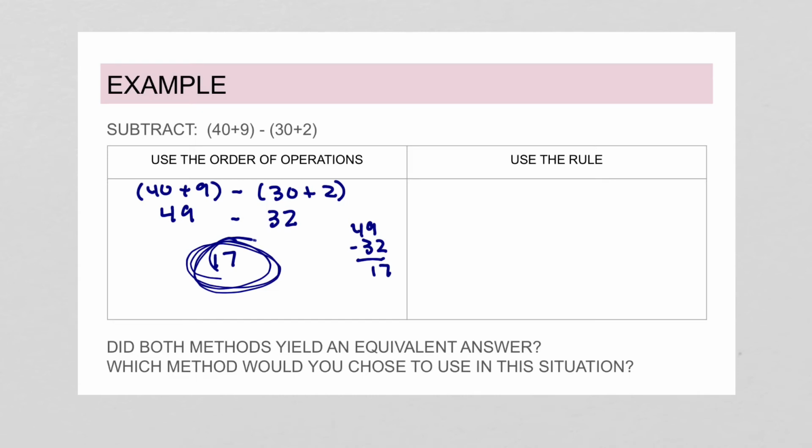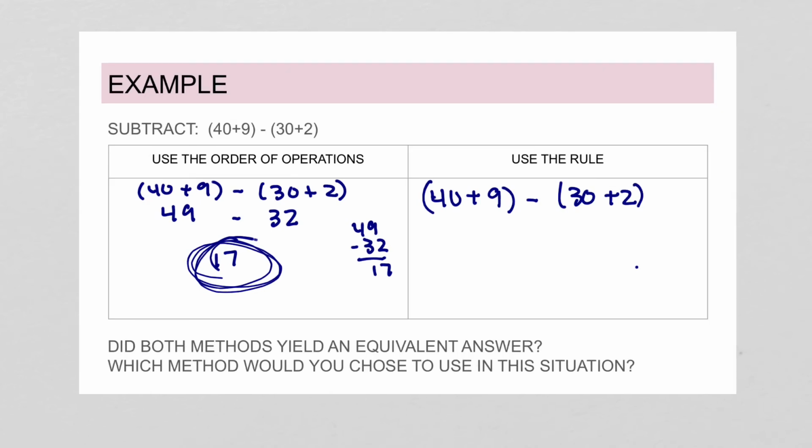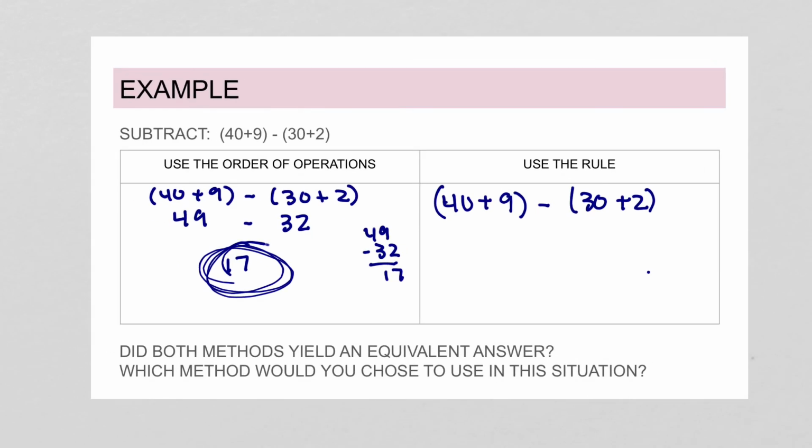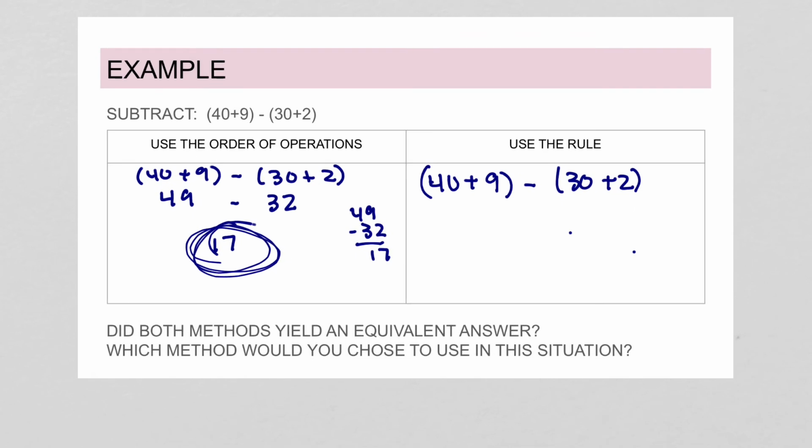And if I think about that rule, 40 plus 9, and then minus 30 plus 2. Well, basically when I'm using that rule, I'm saying that I can add the opposite, right? So what's 40 plus 9? That's still 49. But I can add the opposite.